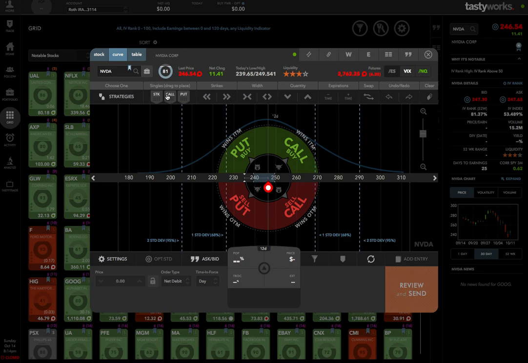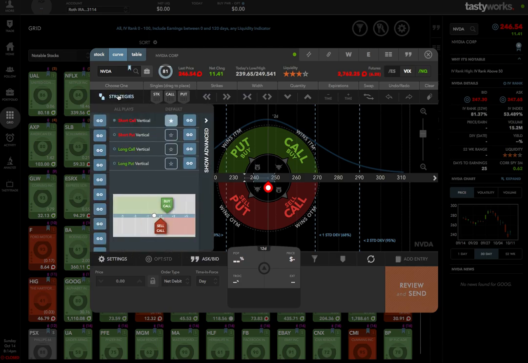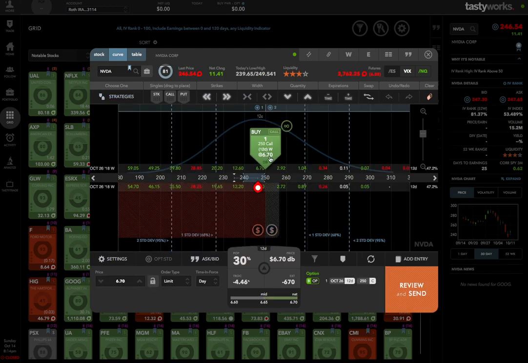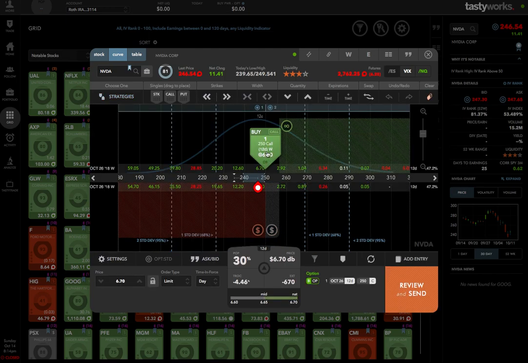Now if you want to buy a call, you could go down to strategy, go to option, and then go to long call, and then you would be able to buy a call. These little lines right here are 1 standard deviation, right? And this is 2 standard deviations.